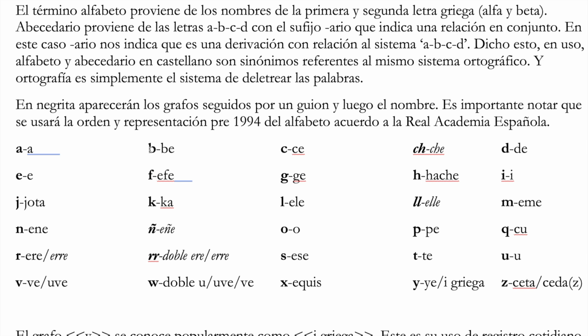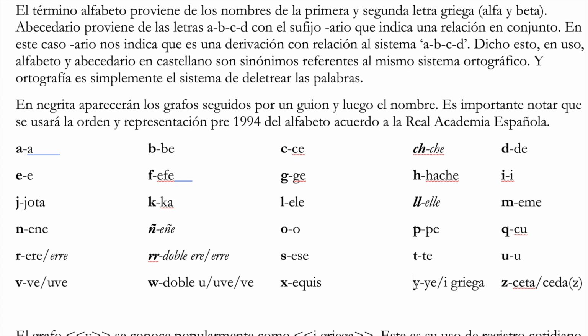So we have A, B, C, Ch, D, E, F, G, H, I, J, K, L, L, M, N, Ñ, O, P, Q, R, R, S, T, U, V, W, X, Y, Z.